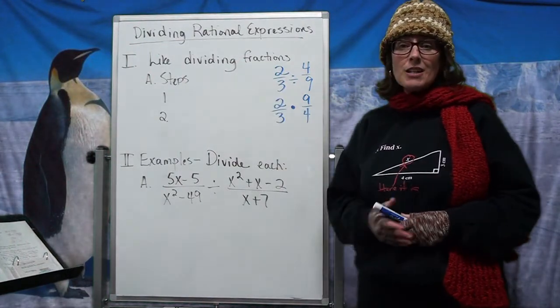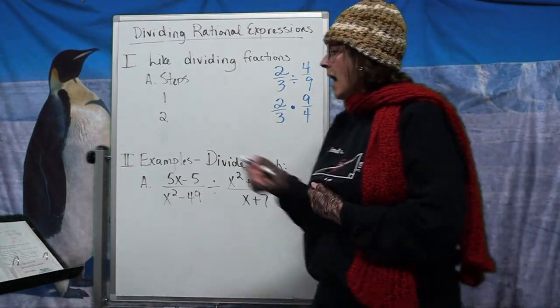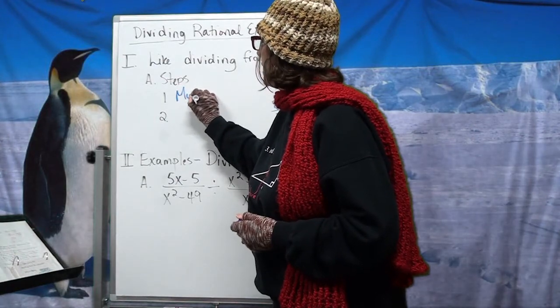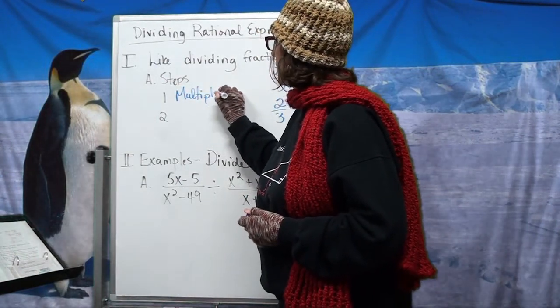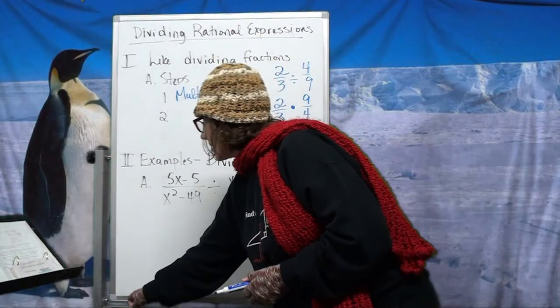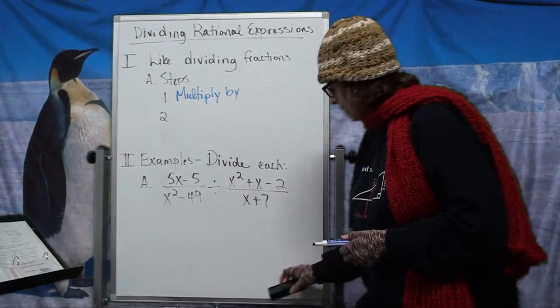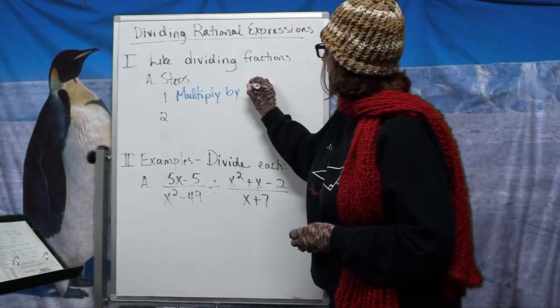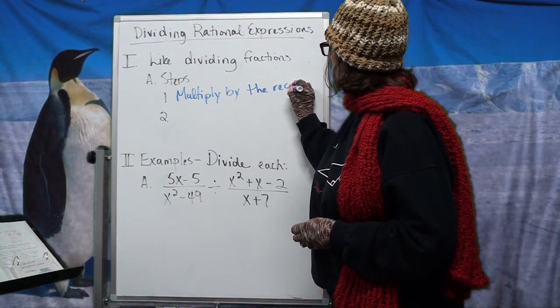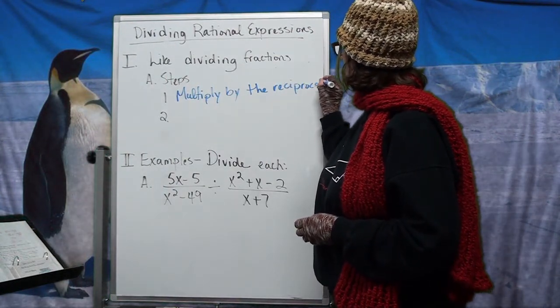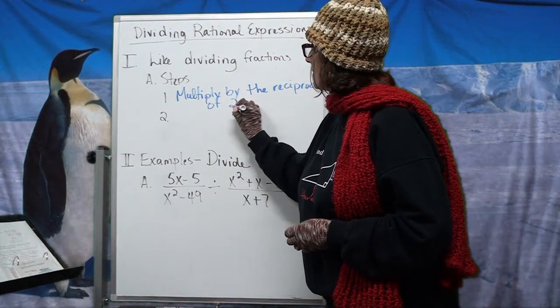So if it's just like dividing fractions, what that means is I'm going to multiply by the reciprocal of the second.